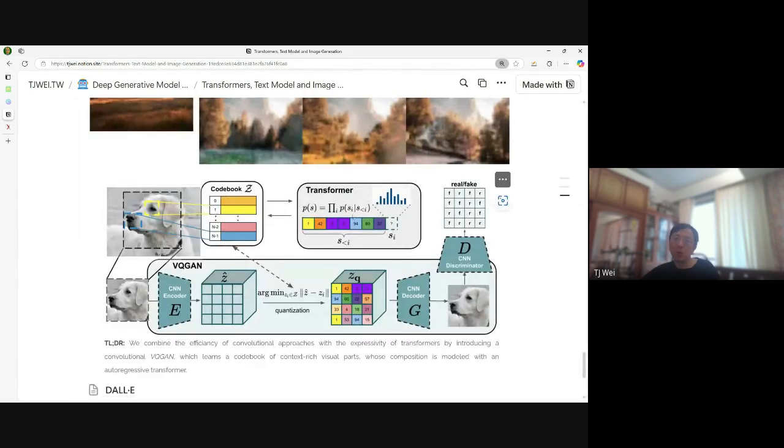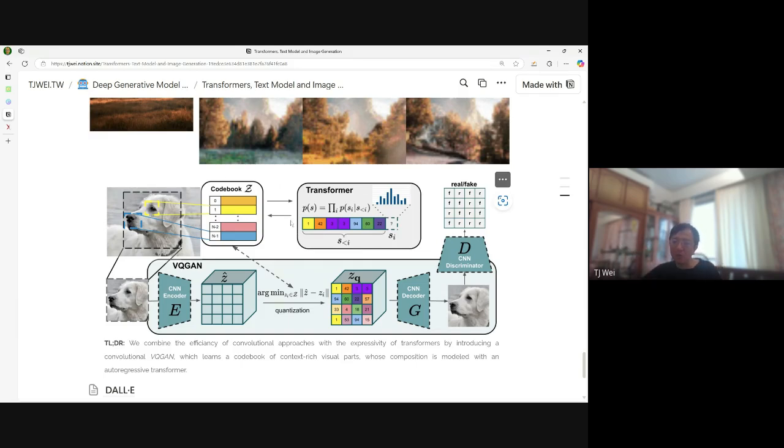It is still an autoregressive model, but because the transformer works pretty well with text input, we have a prefix that is text tokens, concatenated with the image tokens.